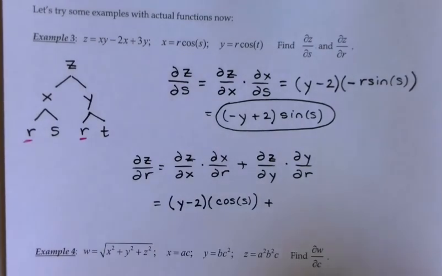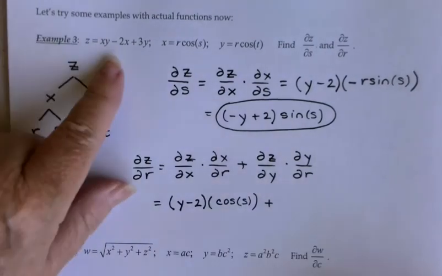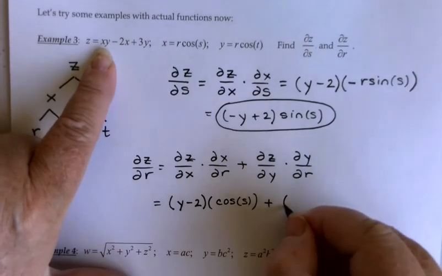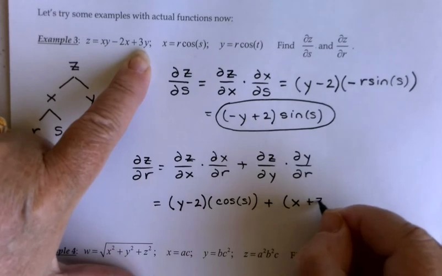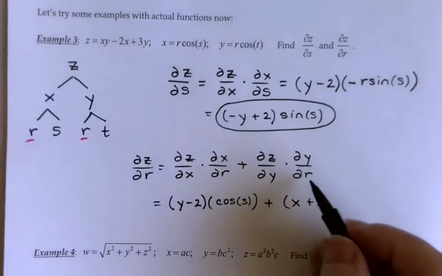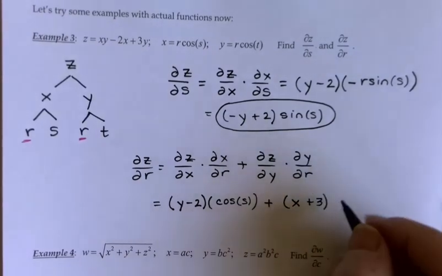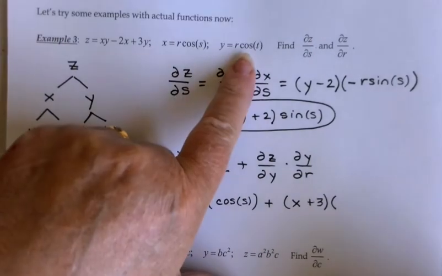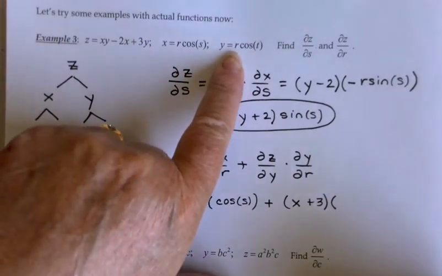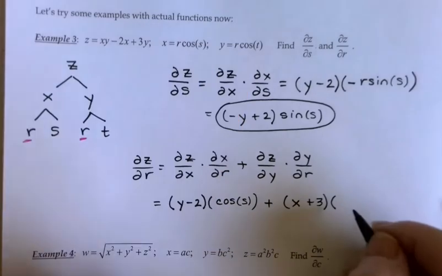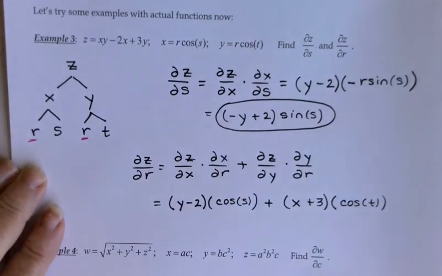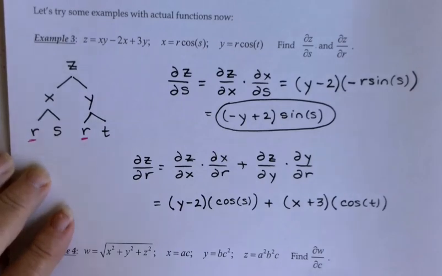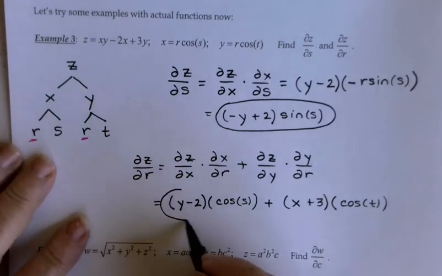Plus partial of z with respect to y, that would be x, 0 plus 3, times the partial of y with respect to r. Again, the derivative of the r is just 1 times the constant, cosine t. And I don't know if there's really anything I can do to make that a whole lot better, so I'm just going to leave it like that.